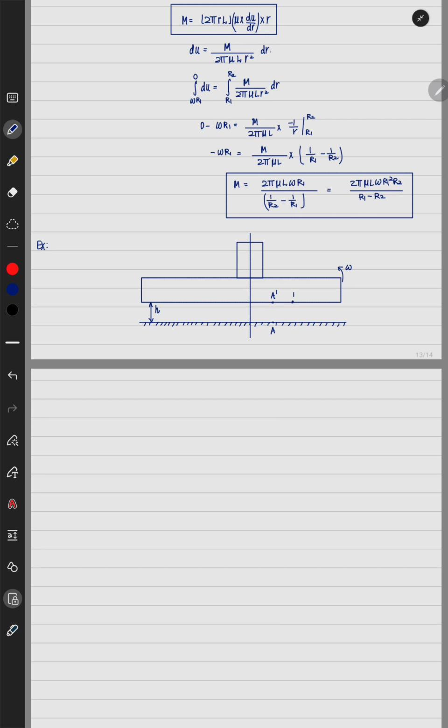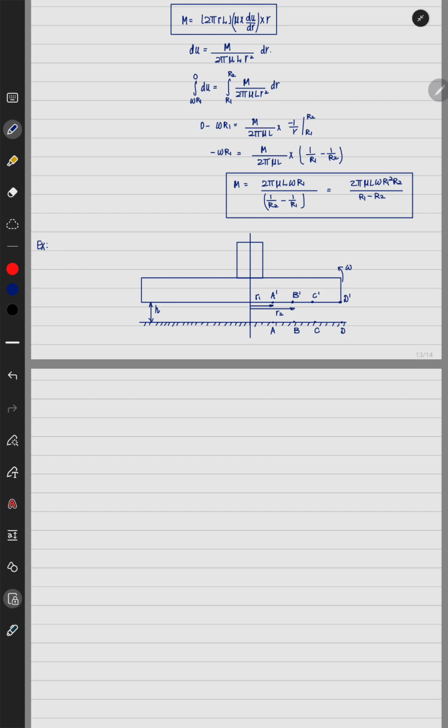Similarly, between b prime and b there will be a different velocity difference, because it is at a larger radius. This is r2, this is r1. Similarly at c prime and c, and at d prime and d, there will be different velocity differences.